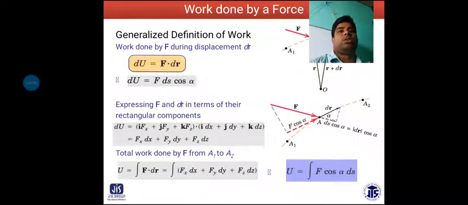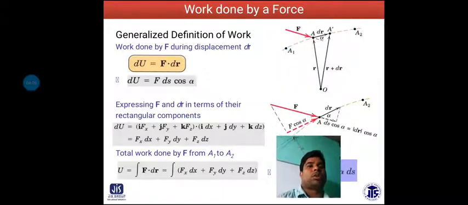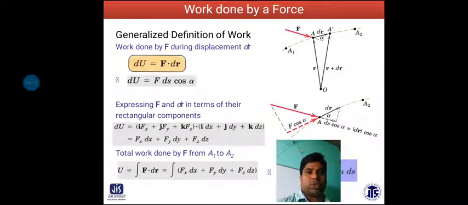Now the generalized definition of work. Work done by F during displacement dr, as shown in the figure, so del U is equal to F dot dr. So dU is equal to F ds cos alpha.